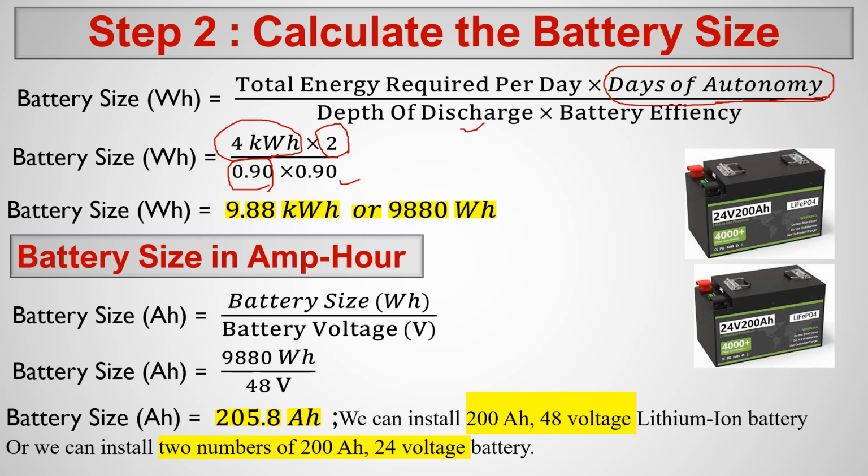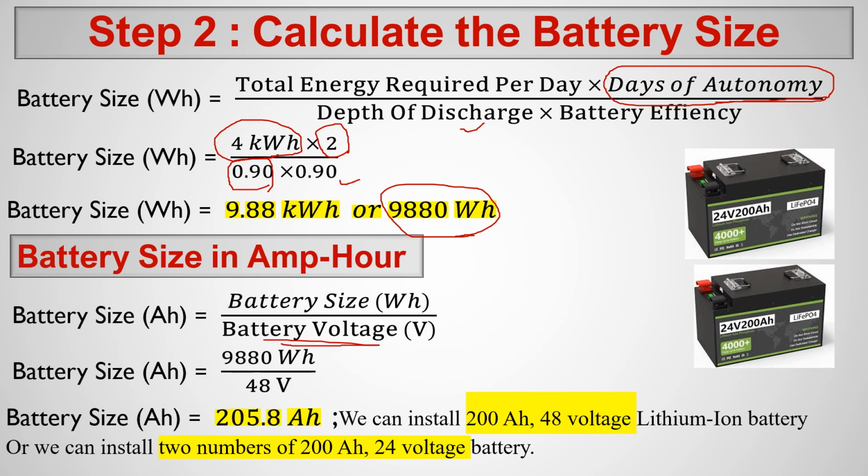With that, we found the size of the battery: 9880 watt hour. Now batteries are sized in amp hour, not in watt hour. So we need to find the amp hour, and we have to divide by the battery voltage.